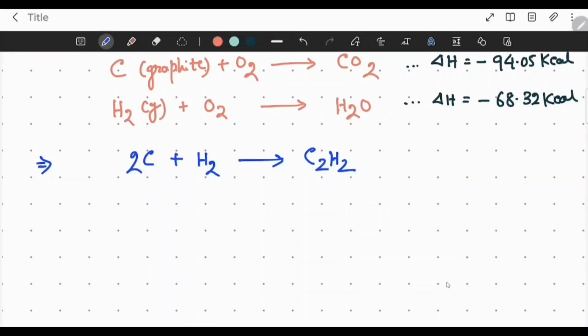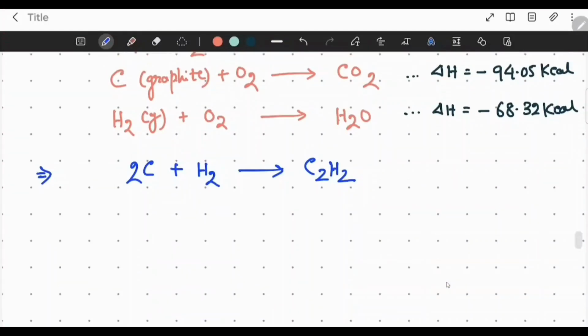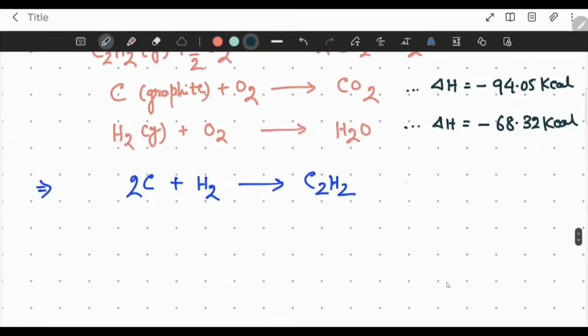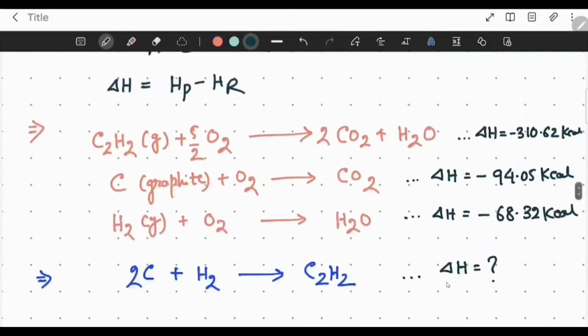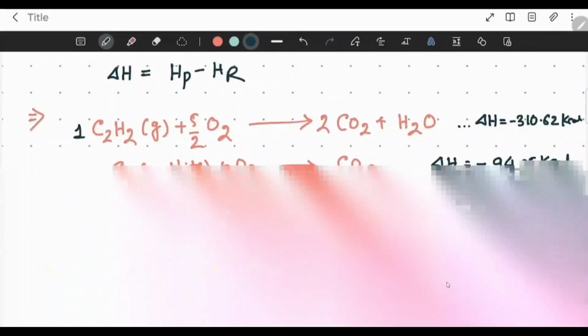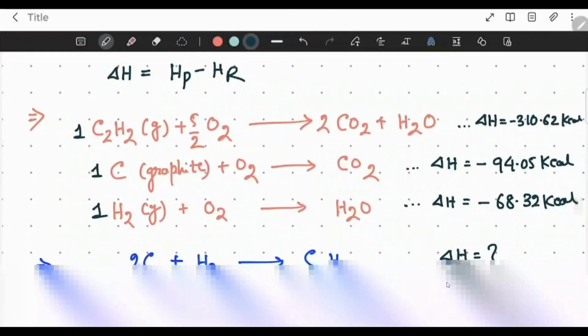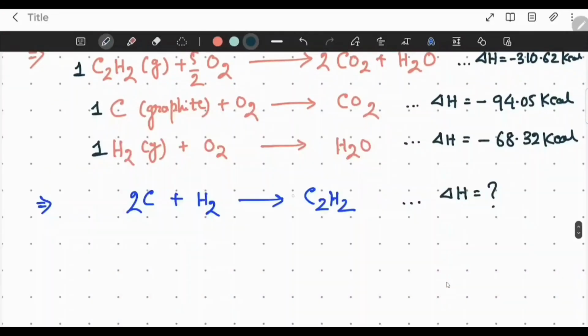Now you balance it, so it will be 2C plus H2. We have to calculate the del H for this process, right? So that will be our heat of formation for C2H2. And we have to keep this as 1 mole, obviously. Then only it will be valid. So you can see here for each case, this species is considered as 1 mole. That is by definition.